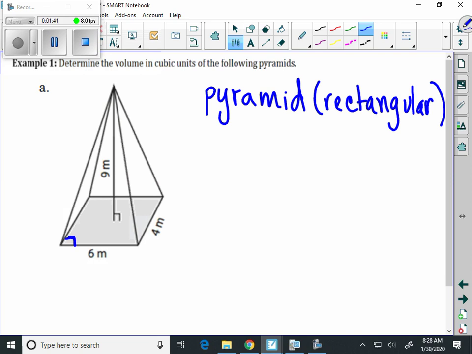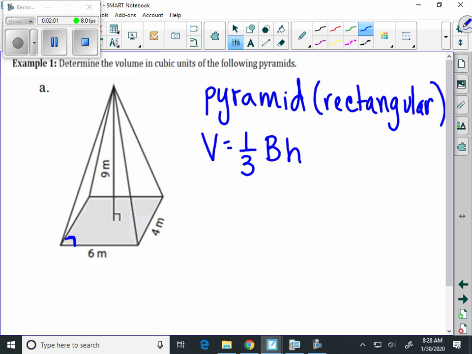But if you look to the left on your green reference paper, we also have how to find the area of a parallelogram formula, because eventually what we're going to fill in is 1/3 times the area of the base times the height.